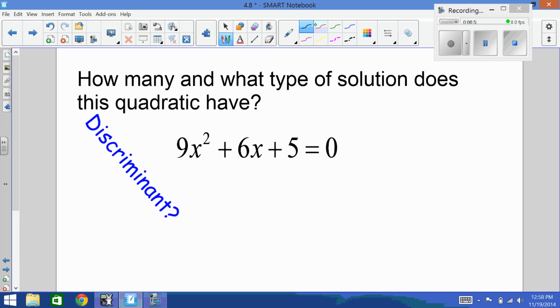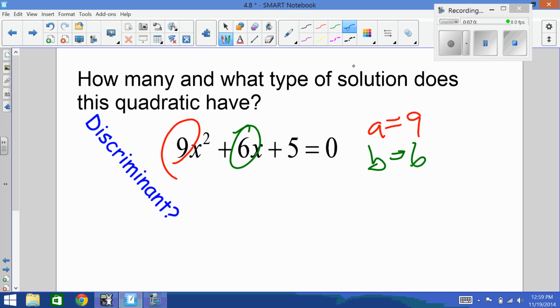All right, so first thing we do is list a, b, and c. So a is 9, b is 6, and c is 5.